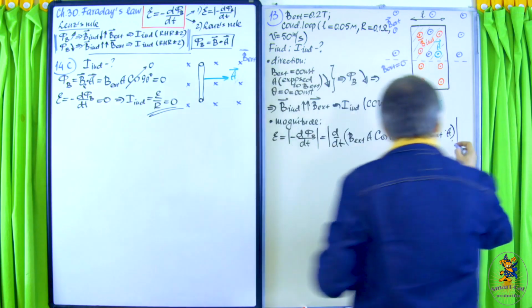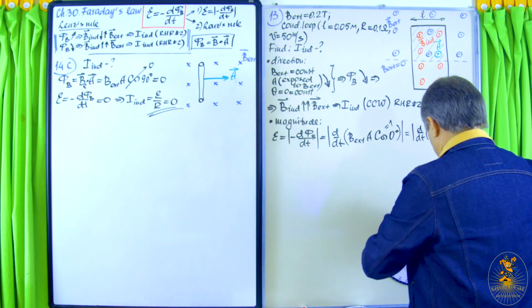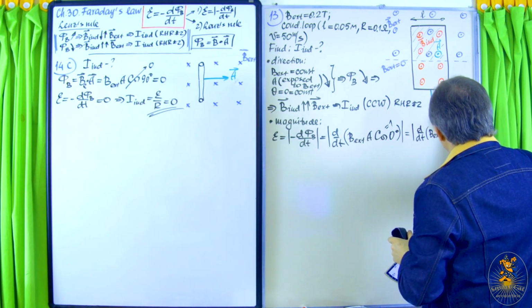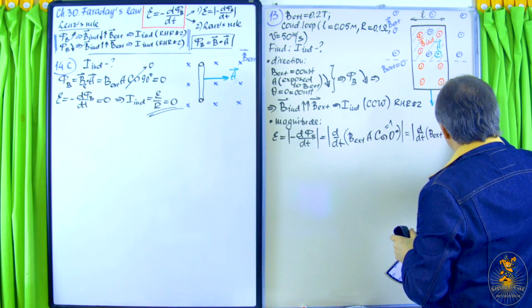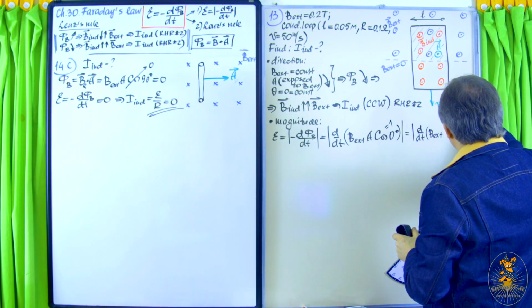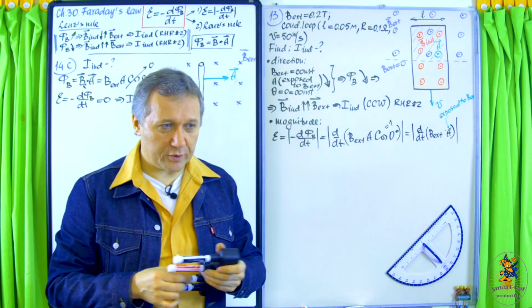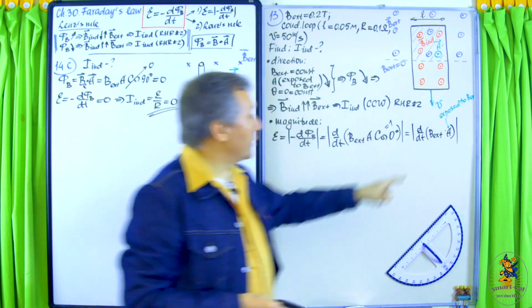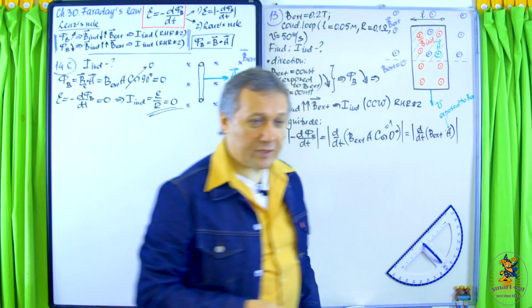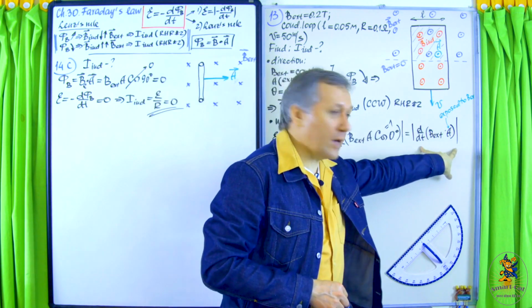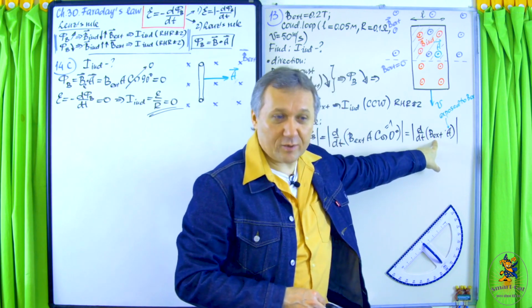Okay, let me emphasize that A is the area exposed to B external. So B is constant, so we can take it outside of the sign of differentiation. And actually, we can take it outside of the sign of absolute value because that is just a magnitude.